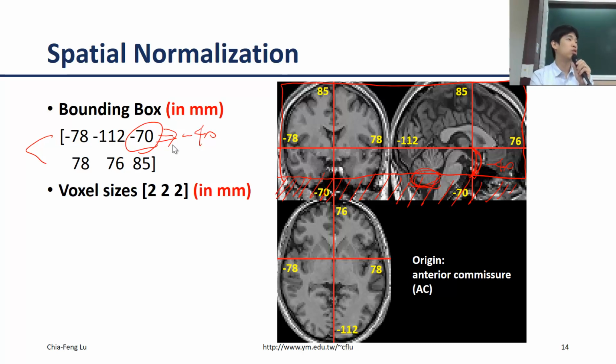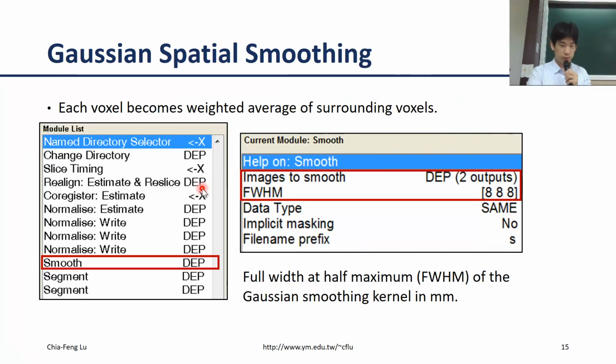If you don't use the ICBM T1 template, for example, if you have a children or pediatric imaging template for your own study, then I believe you may need to reduce the bounding box size for the pediatric imaging dataset. Otherwise, if you use the same adult ICBM template, you don't really need to adjust the bounding box here. Okay?